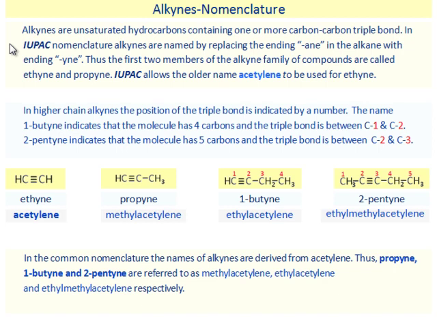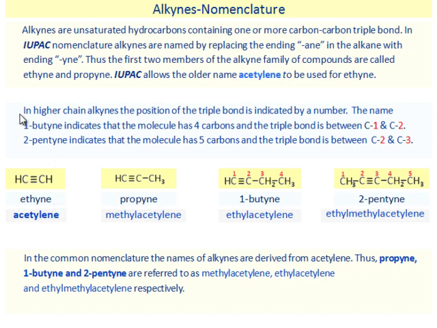Thus, the first two members of the alkyne family of compounds are called ethyne and propyne respectively. IUPAC allows the older name acetylene to be used for ethyne.